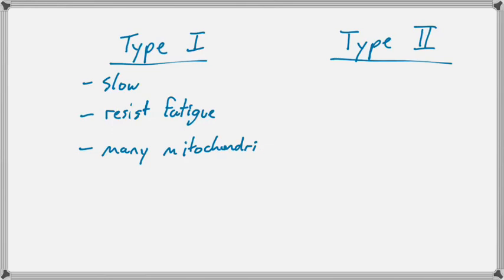So they're really good at aerobic cellular respiration. They typically have a darker color because of a pigment in them called myoglobin. We're going to learn about hemoglobin when we do the circulatory system, which carries oxygen. Myoglobin, let me write that in here, is a molecule that you have, and what it does is carry oxygen.